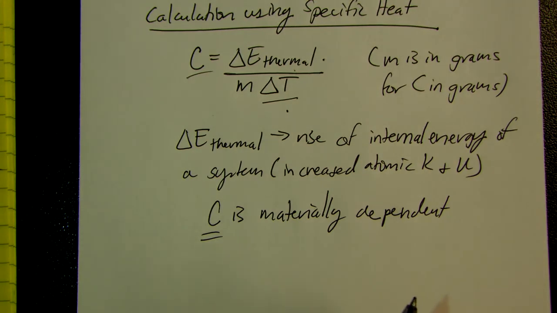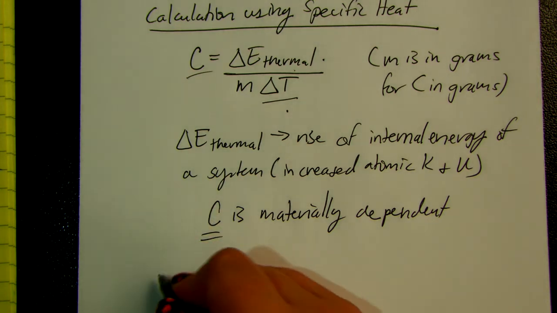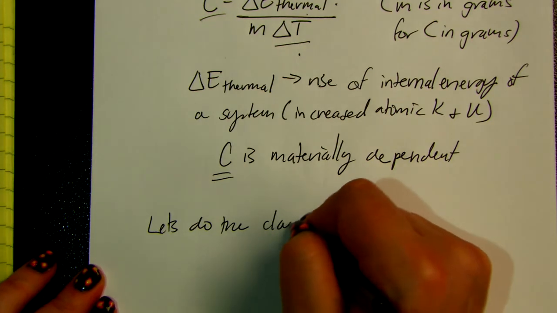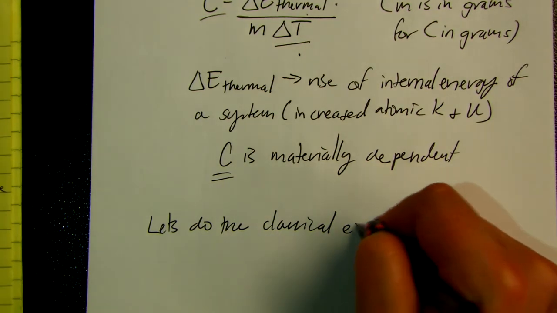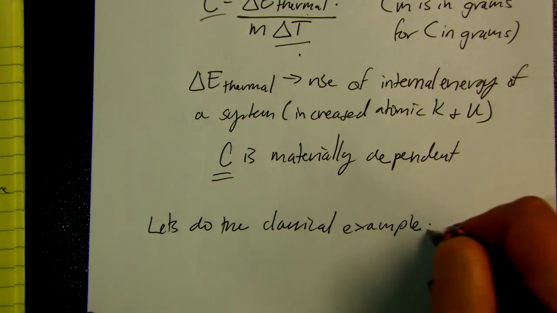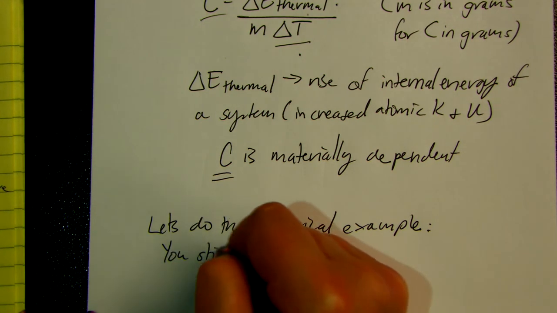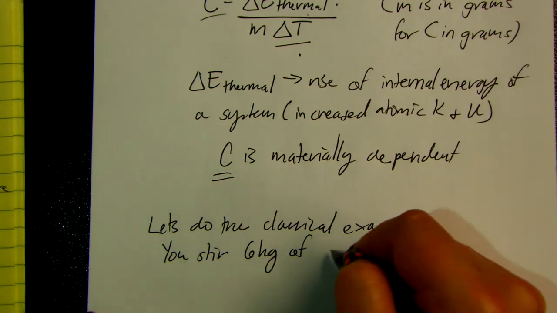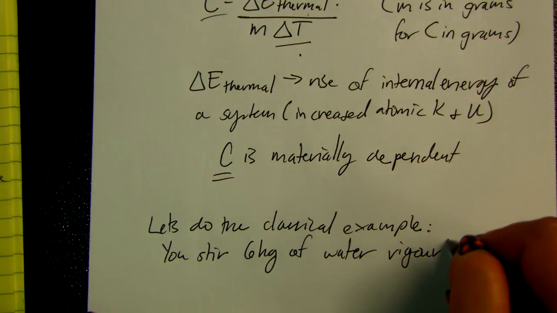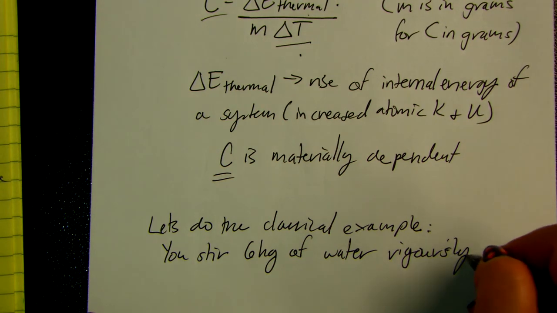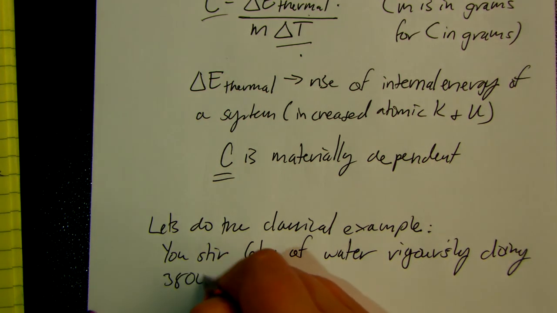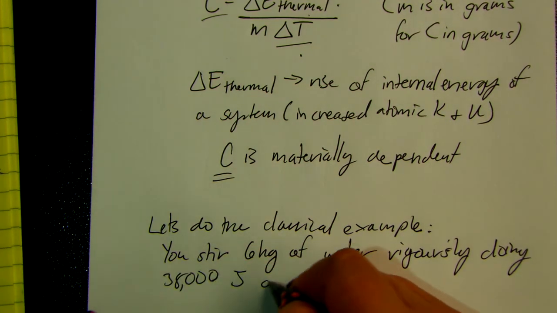Okay. So let's do the classic example. For those of you who have taken chemistry, this should be old hat. For those of you that haven't, which could be a few of you. You stir 6 kilograms of liquid water vigorously. You are just going to town on it, doing 38,000 joules of work.